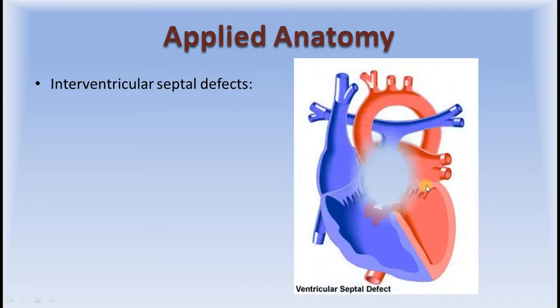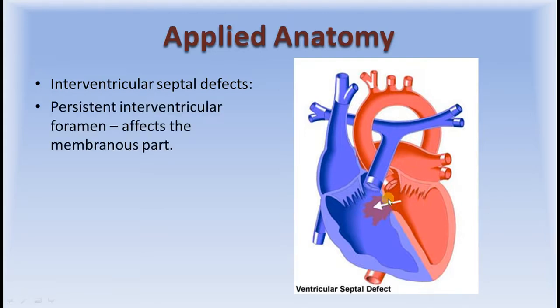Coming to the applied aspects, interventricular septal defect is defective formation in the septum. Naturally you have an interventricular foramen, and mostly the septal defect is found in the membranous part rather than the muscular part, with a persistent interventricular foramen.